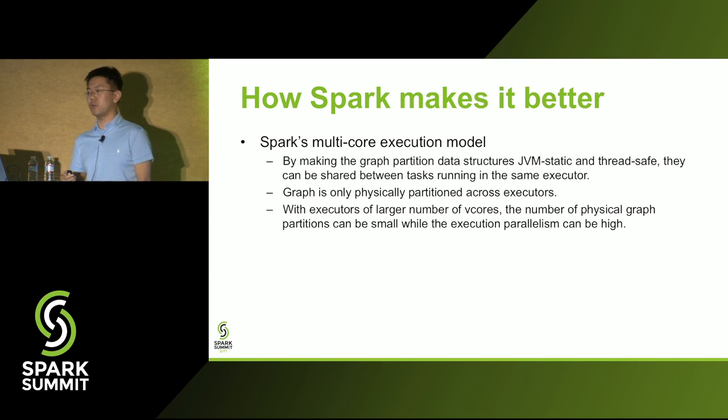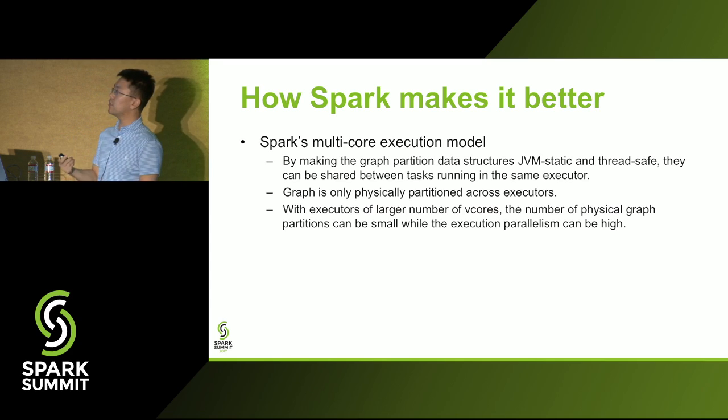We all know that Spark supports multiple cores for its executors, and usually people leverage Spark's multi-core support to increase the level of parallelism for their Spark applications. When implementing the personalized random walk algorithm, we realized that Spark's multi-core support actually brings more benefits. The multiple cores within a Spark executor share the same JVM.